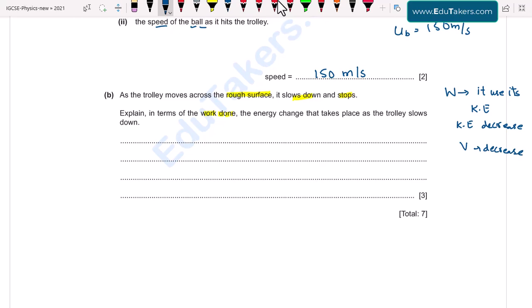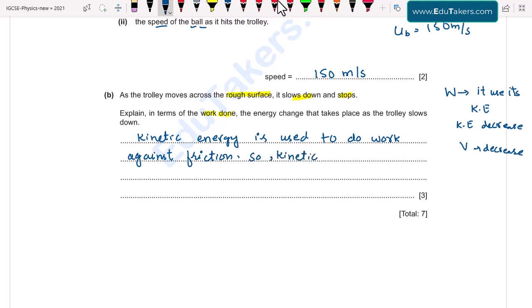So I write here kinetic energy is used to do work against friction, and so kinetic energy decreases and thermal energy is produced.